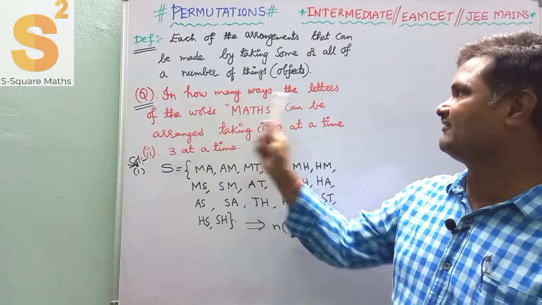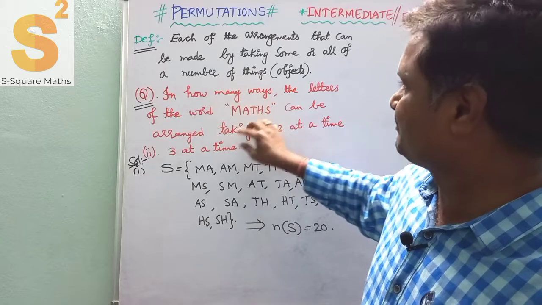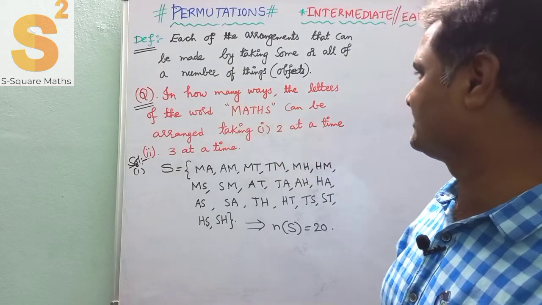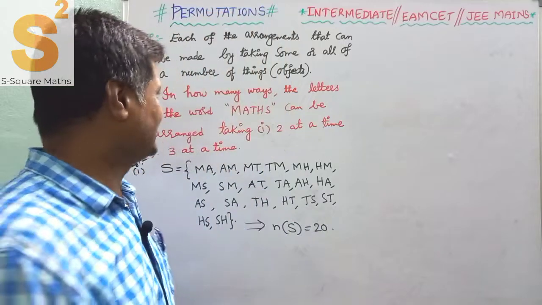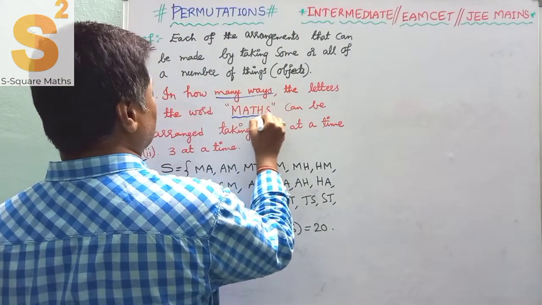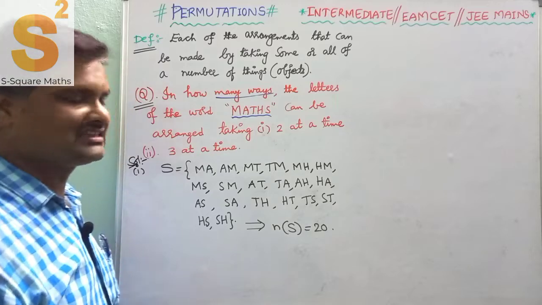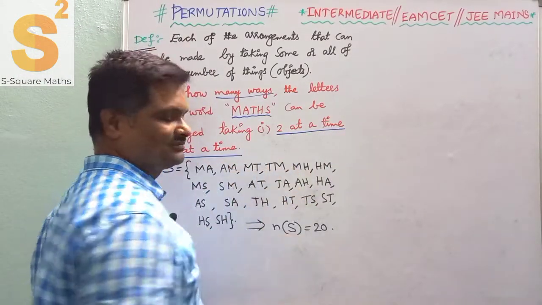So in how many ways can the letters of the word MATHS be arranged taking 2 at a time, 3 at a time? We have to determine in how many ways these letters of the word MATHS can be taken 2 at a time, 3 at a time.